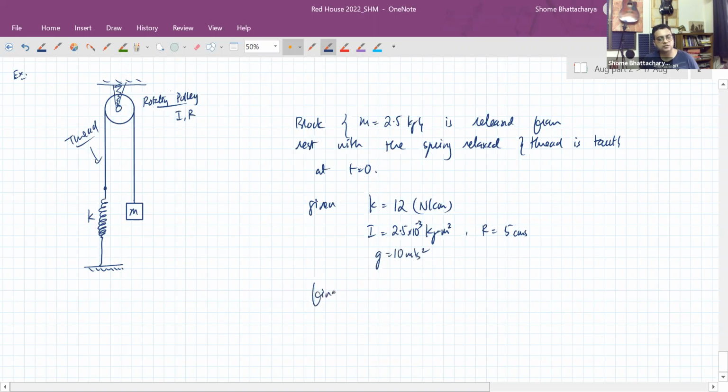Find the time period and the amplitude of the block's vertical SHM.